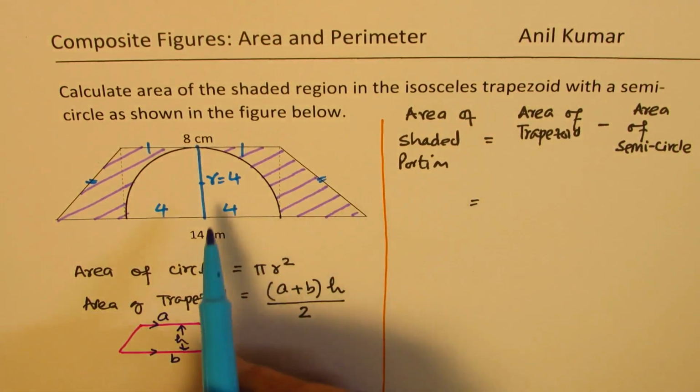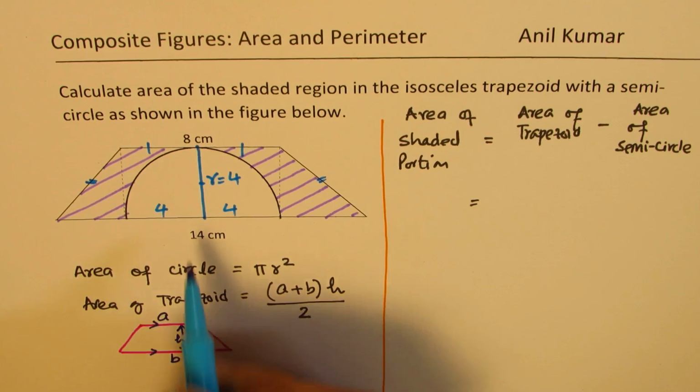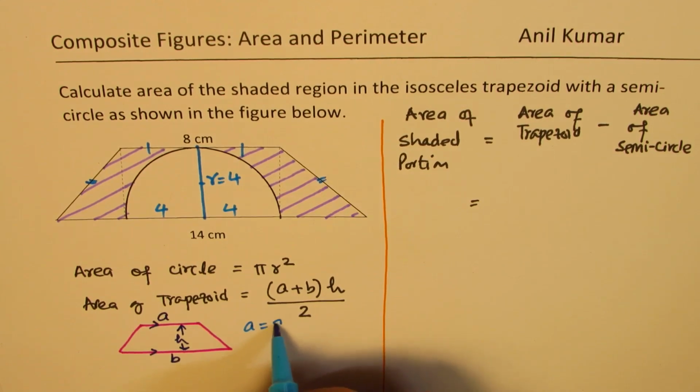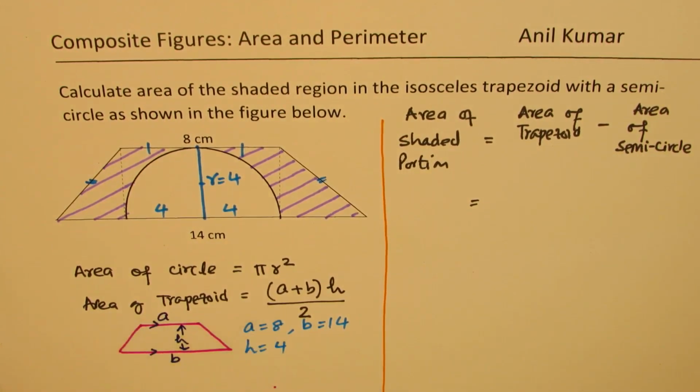So in our case, we can write that A equals 8, B equals 14, and H equals 4. So we get the area for trapezoid, and we know the radius R is also equal to 4. So using these, we can always find the area of the portion.